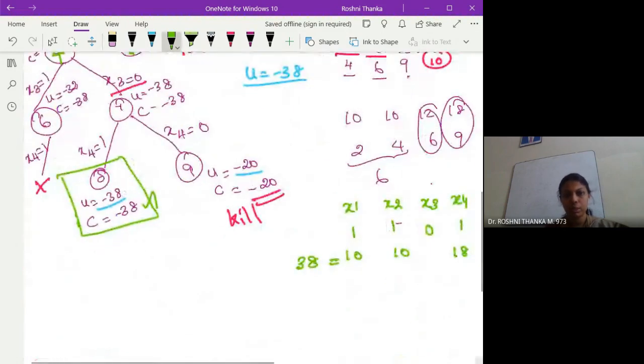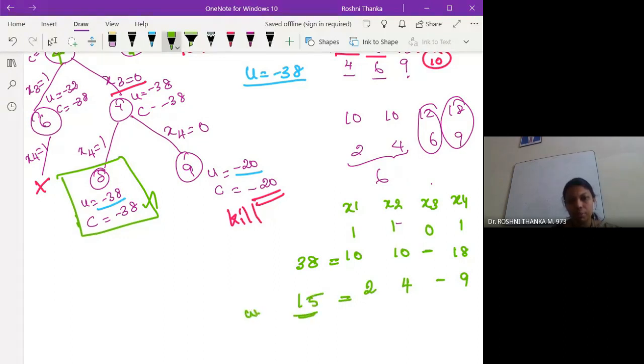So here it is 2, 4, 9, and this is not included. So what is the answer? 2 plus 4 is 6, 6 plus 9 is 15. So we correctly classified the weight, and this is the profit we got. The cost is 38.